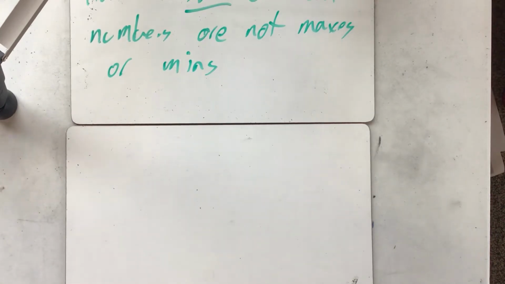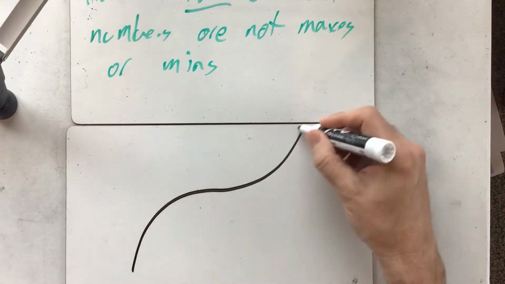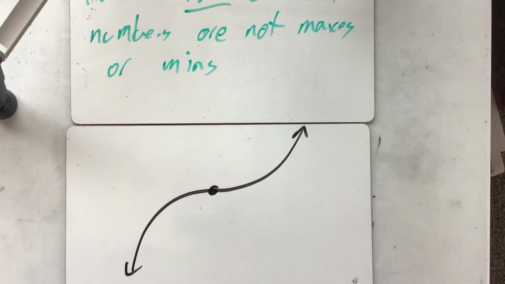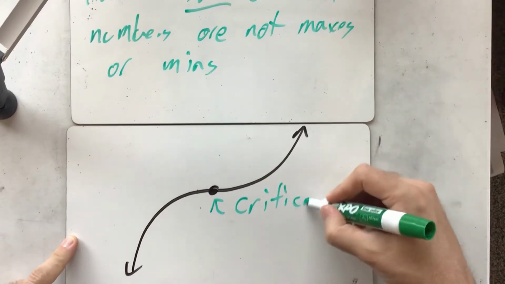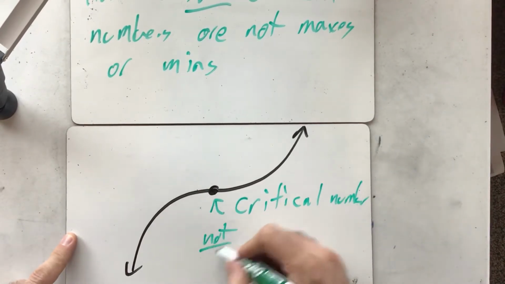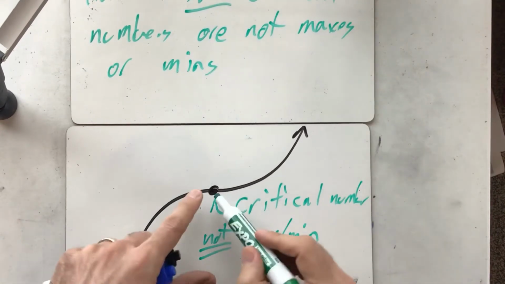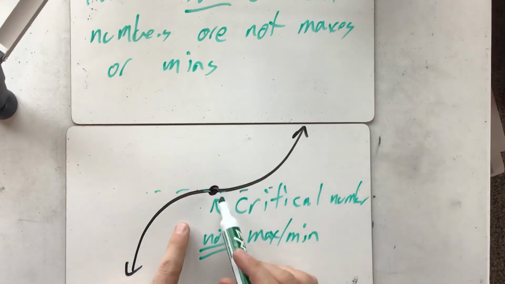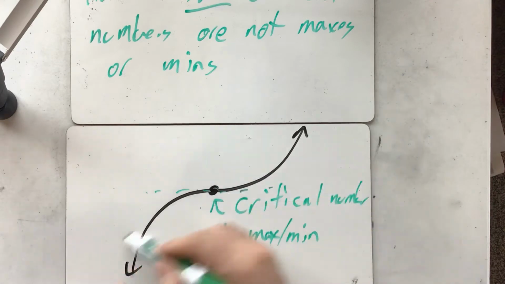So let's think of an example. An example is something that looks like a cubic function. Notice this point right here, this is a critical number because the derivative is 0 at that spot, but it's obviously not a max or a min, because the function gets bigger to the right and smaller to the left.